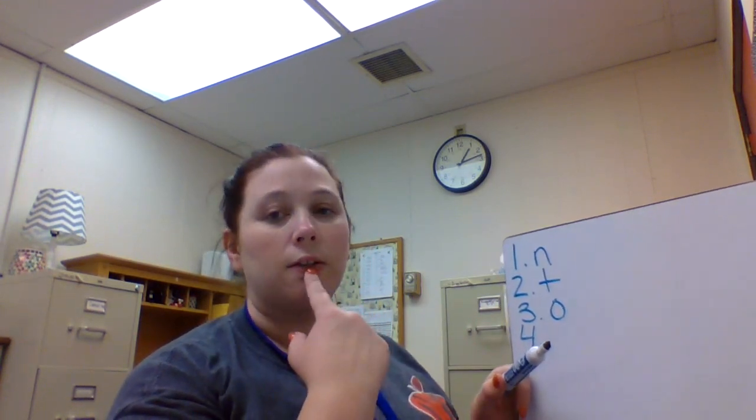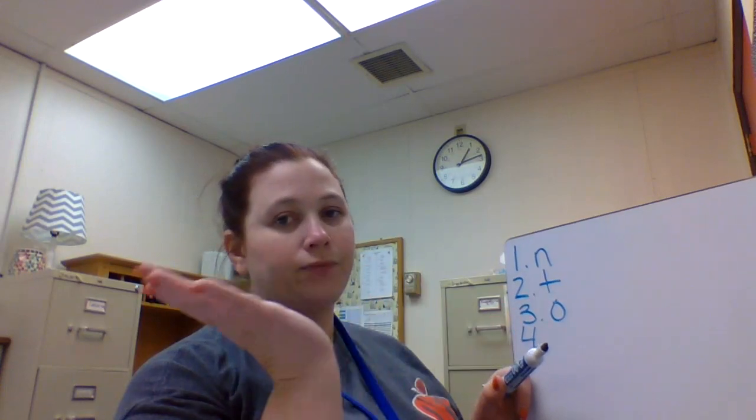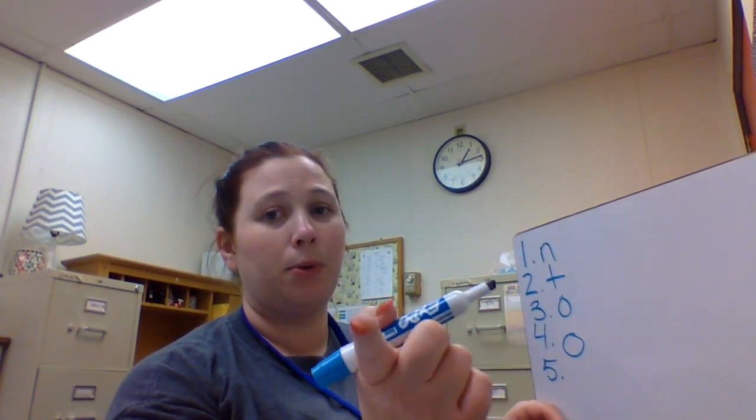Number 4 is the sound O, like overalls. O. I want you to write it down. Number 5. P. You say P. And it's our P, and we're going to write down P.